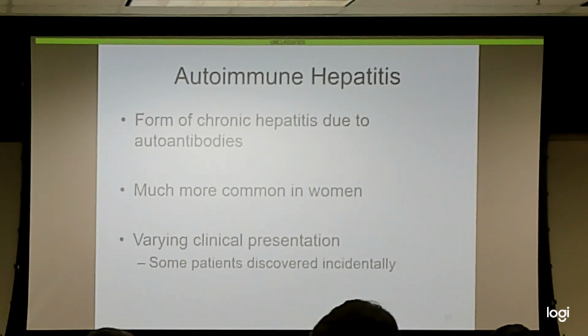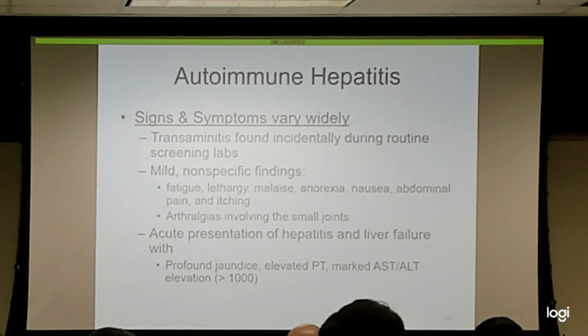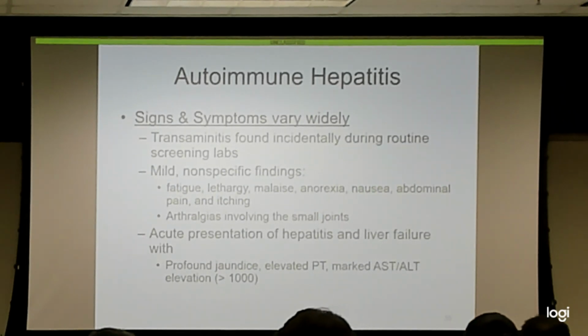Autoimmune hepatitis is a form of chronic hepatitis due to antibodies. So again, a dysregulation in your immune system. Much more common in women. Has a variable clinical presentation. Some patients are discovered incidentally, and so the signs and symptoms will vary. You'll see that transaminitis, so elevated AST, ALT, found incidentally during routine screening labs.